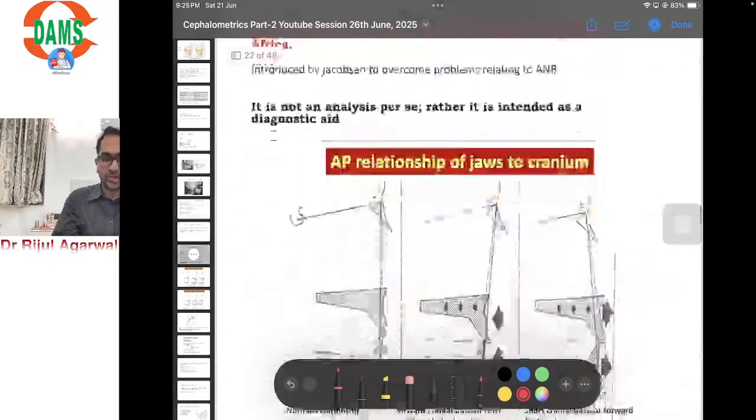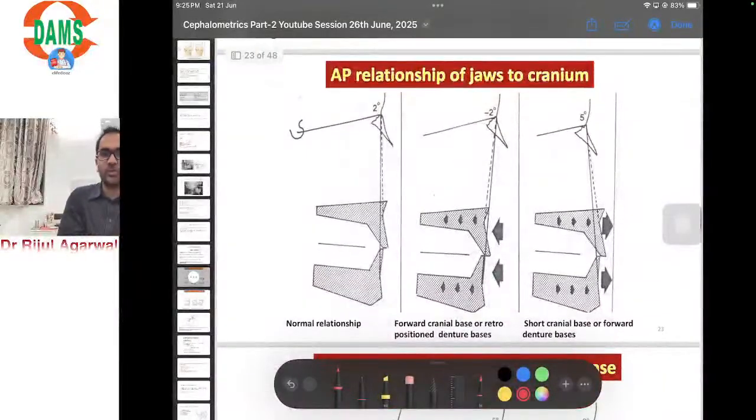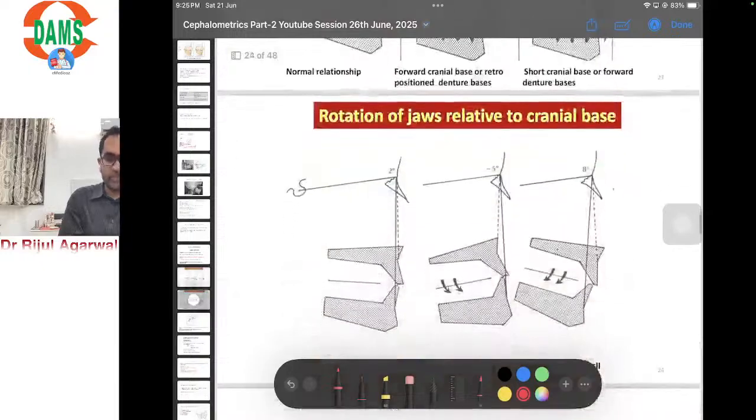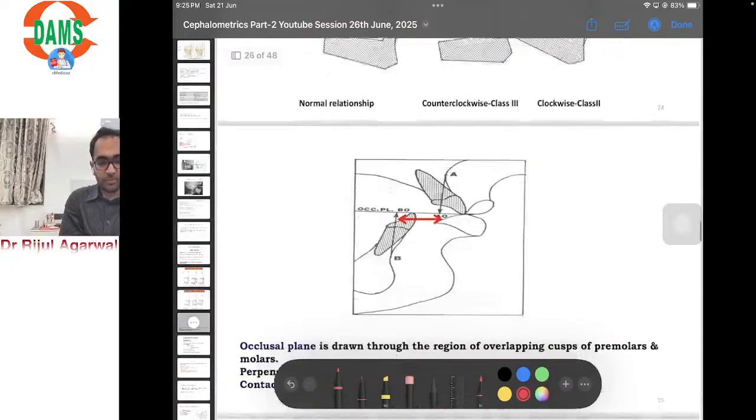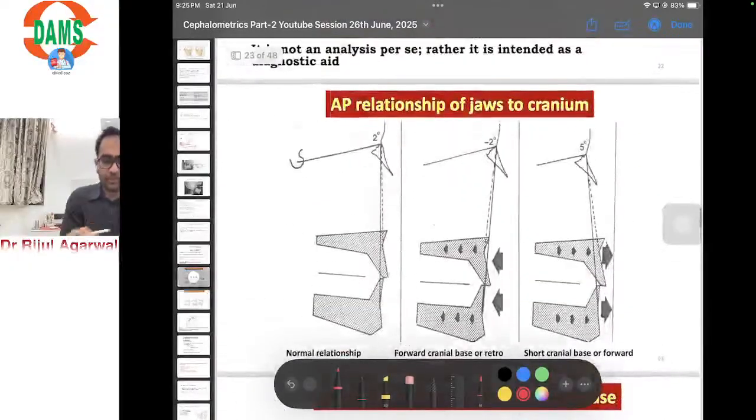I'll again explain it to you with the help of this diagram. The rotation of jaws related to the cranial base. So as I said, if the SN plane inclines downwards, what will happen?